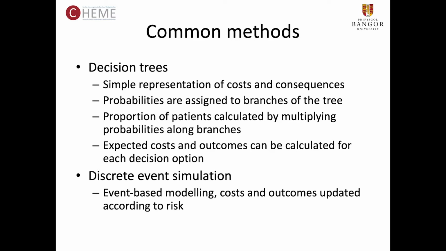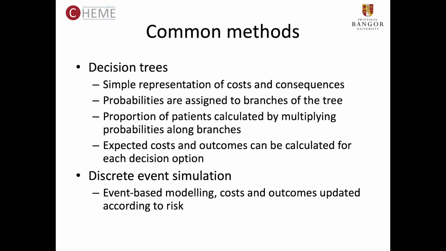So then this slide just simply summarises that there are probabilities associated with these events. The proportion of patients calculated by multiplying the probabilities along these branches, and then that allows you to calculate the average or the expected costs and outcomes for each decision option. So that's a useful tool. It isn't used extensively nowadays, but there is a place for it for some health technologies.